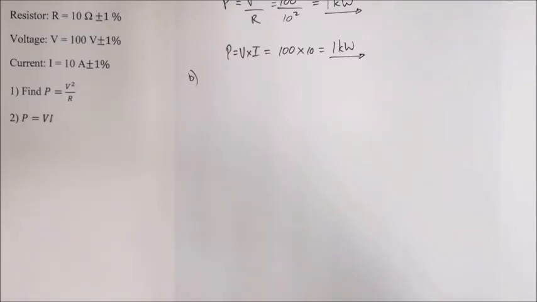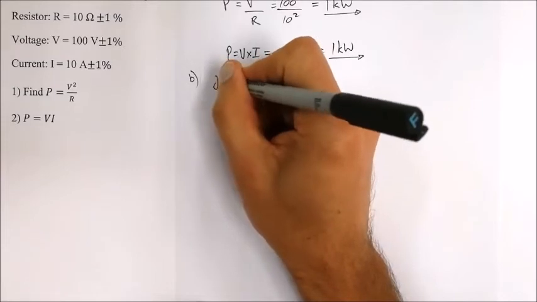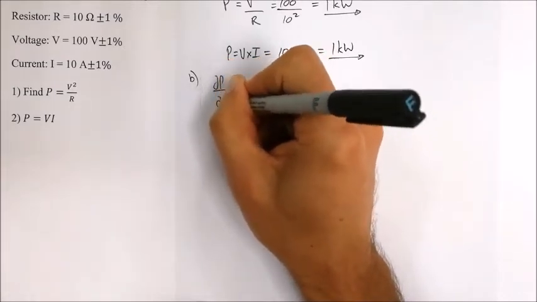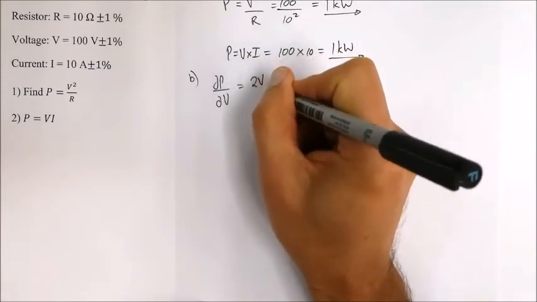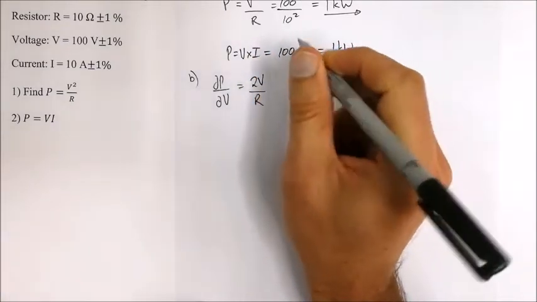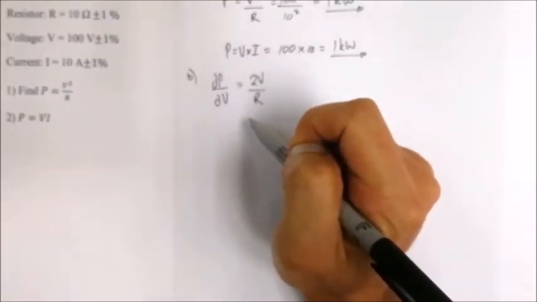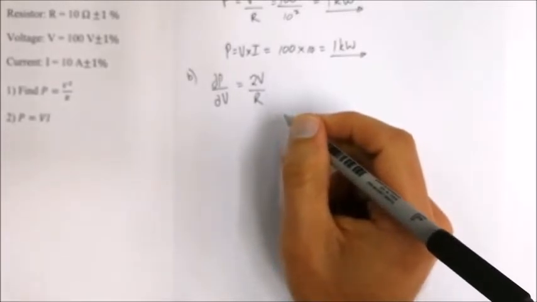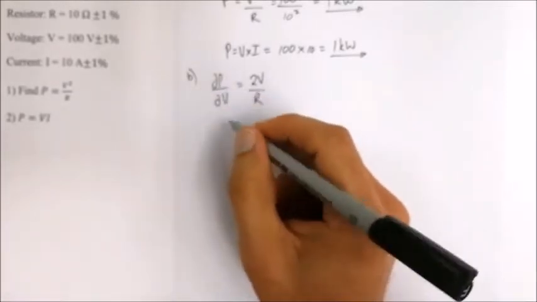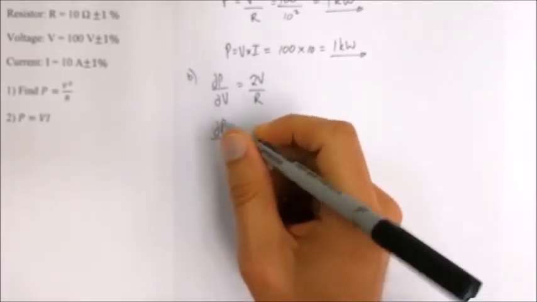So the first thing we're going to do is the derivative dP/dV, which is equal to 2V over R. If you take the derivative of that equation, you will find that it would be that. And then we also need to look at the derivative dP/dR.